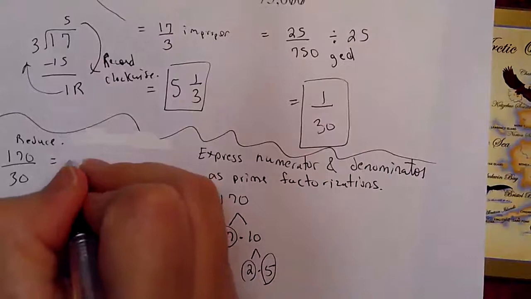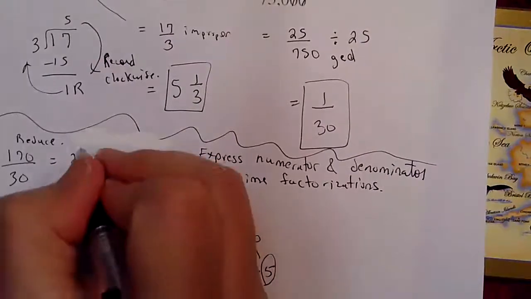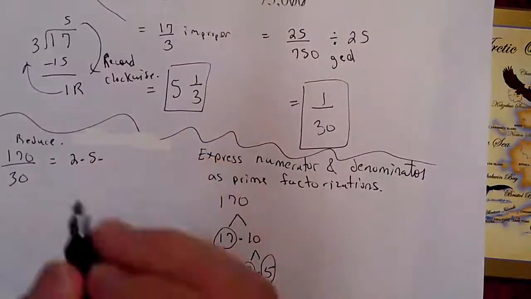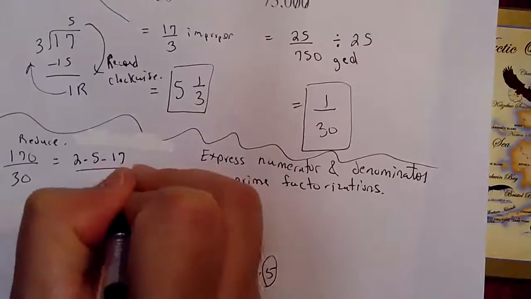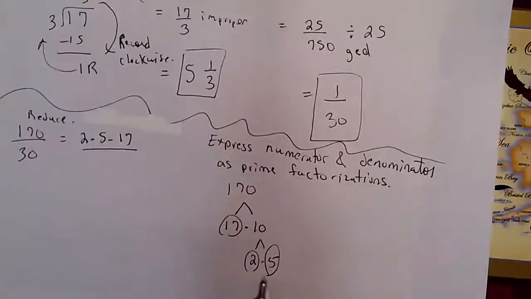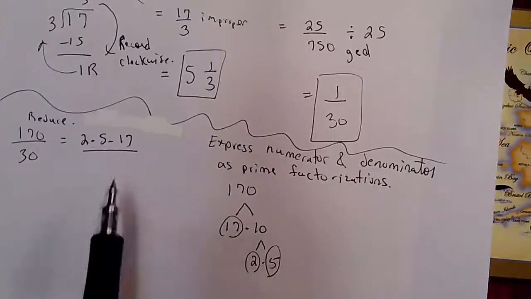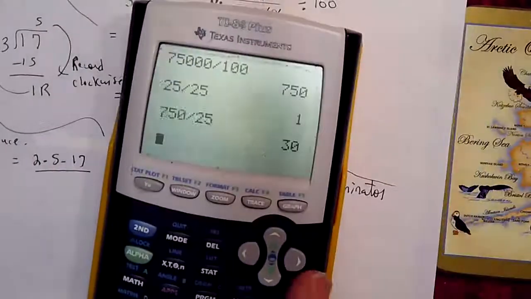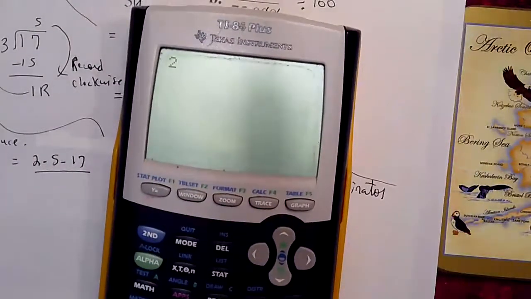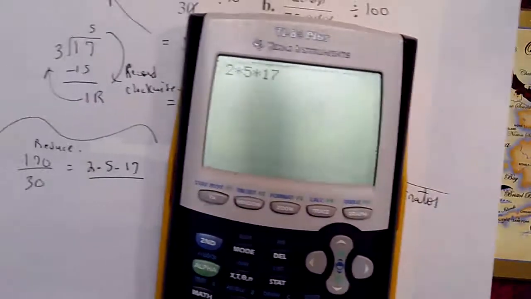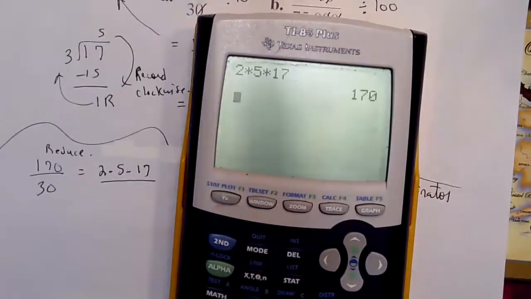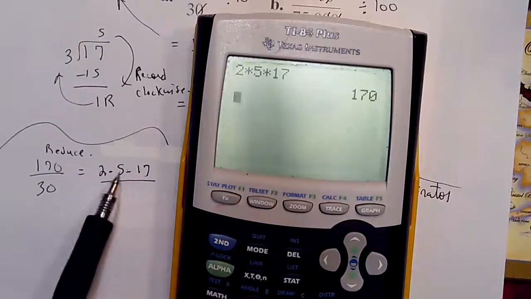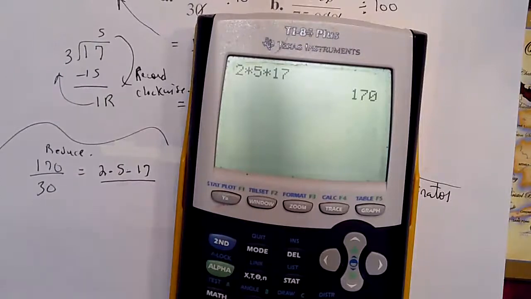So this is 2 times 5 times 17, which is 170. And of course you can check it: 2 times 5 times 17, yep, it's 170. So you should always check that. And see, these are all prime.